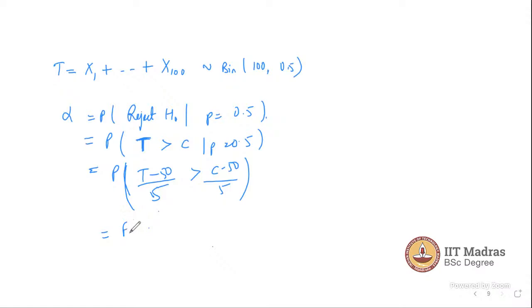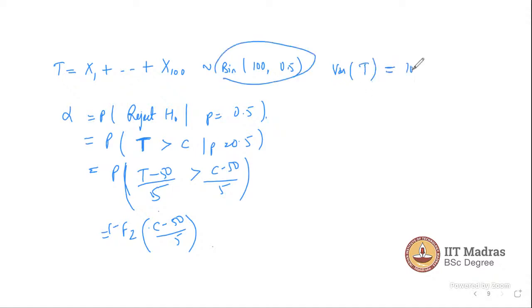Standard deviation, how did you get 5? You will have to find the variance of t. Variance of t is npq, so 100 times 0.5 times 0.5, that is 25. So what is the standard deviation? 5. Okay.